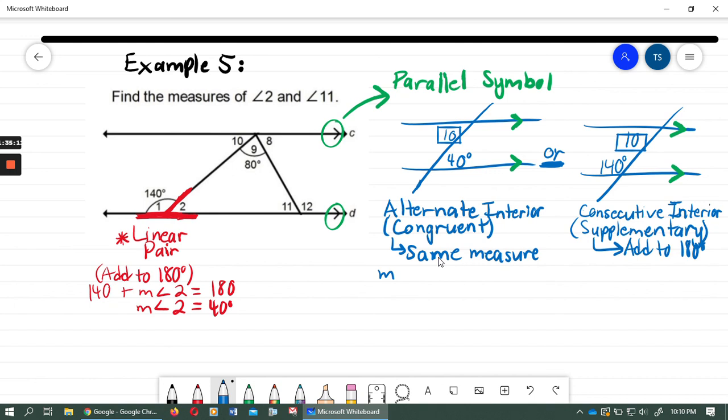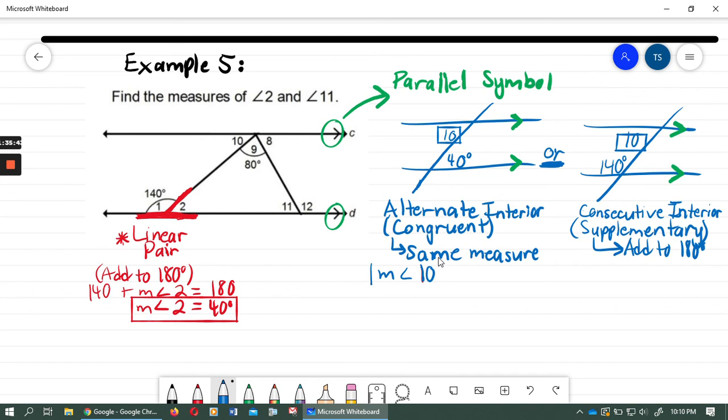Even though angle 10 is not one of the angle measurements they wanted us to find, we still need to find as much information as possible to be able to find out what angle 11 is. Trust me, you always want to find as much information as possible, because the more information you have, the more you should be able to figure out later on.